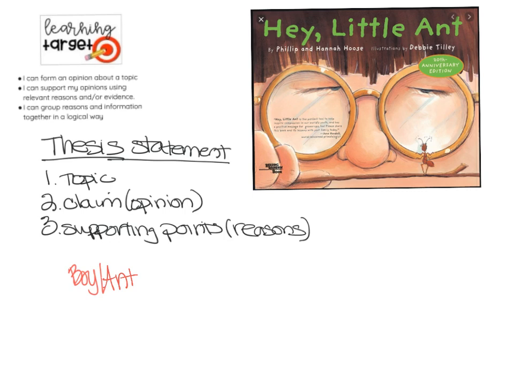So depending on what point of view, are we going to take it from the ant's point of view or the little boy's point of view? Because from the ant's point of view, what does he want? The ant wants to live, right? Well, what about the boy? What's the boy's point of view, or what's the boy's opinion? Well, the boy wants to smush the ant. So for today's lesson, we're going to go from the ant's point of view. So for the claim or the opinion that the ant has, the ant wants to live.